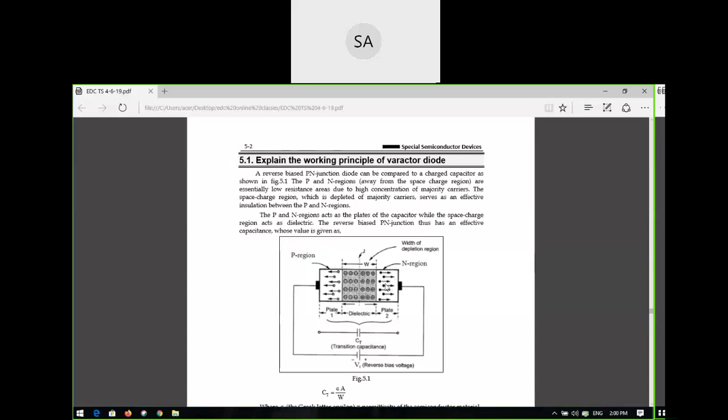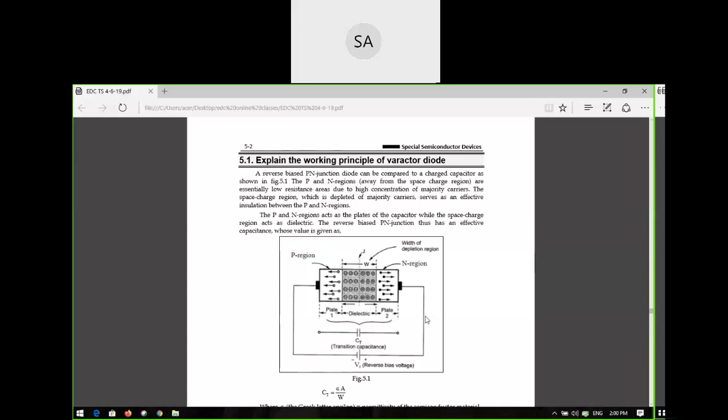These electrons will be pulled up towards the positive plate. And the P region is connected to the negative battery. The majority charge carriers in the P region are holes. Those holes will be pulled towards the negative side of the battery. That means you are increasing the width of the junction.